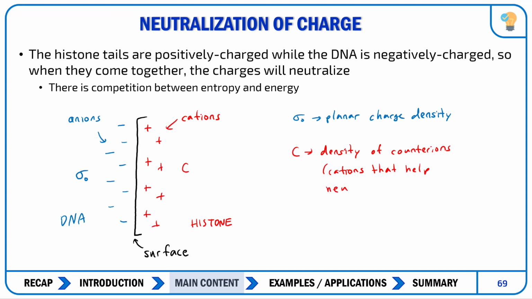So it would be cations that help neutralize the anions from the DNA.